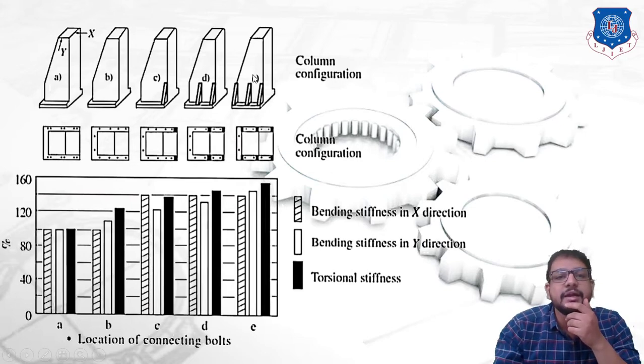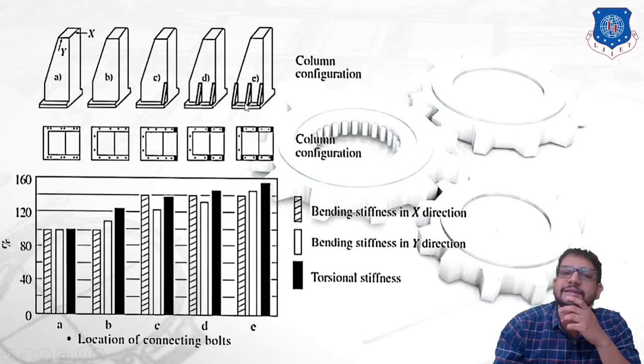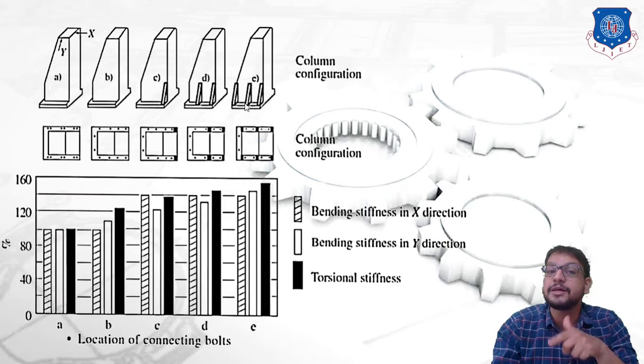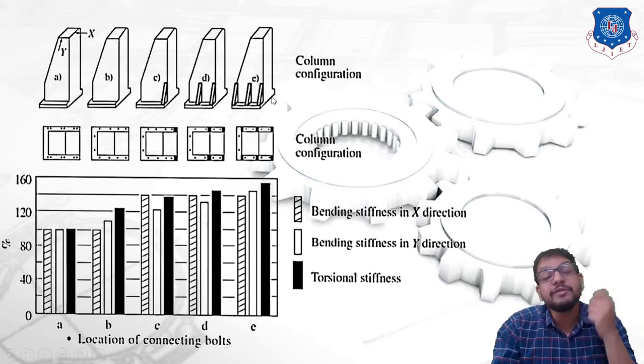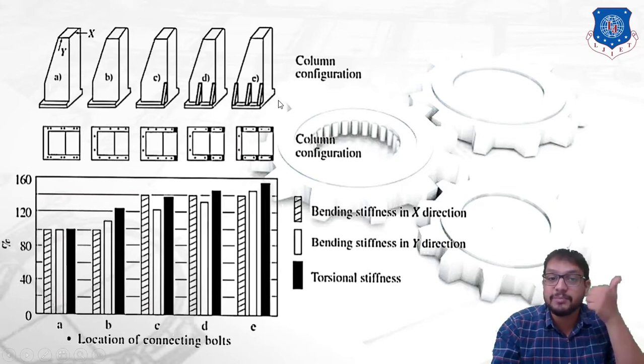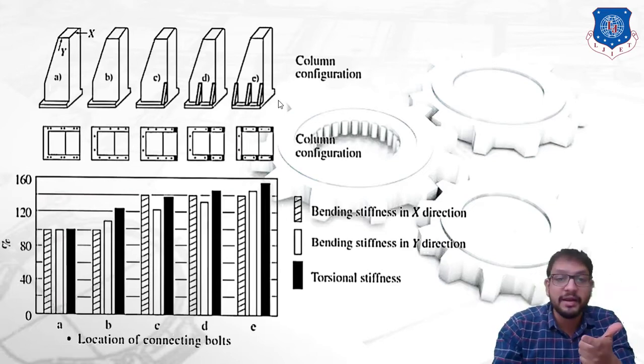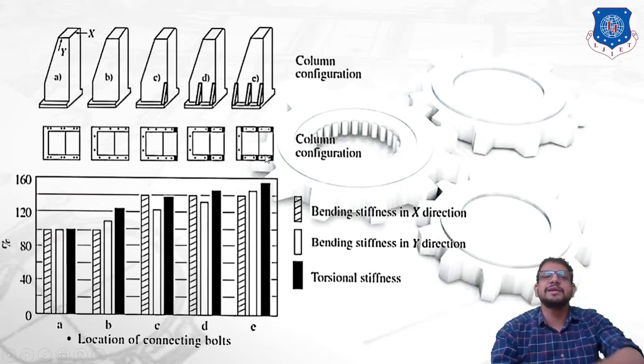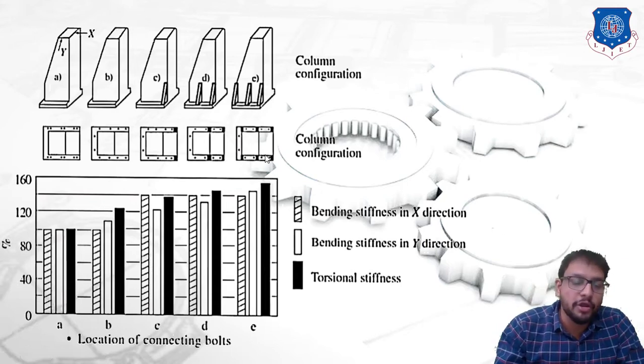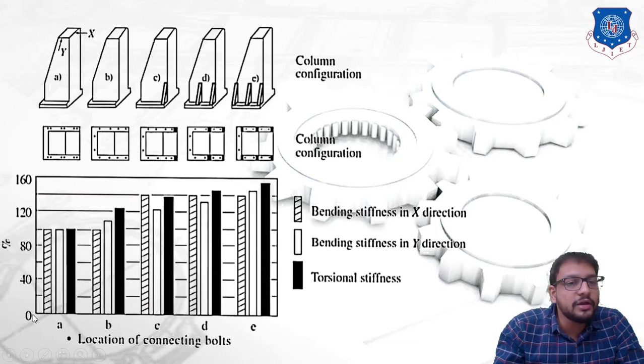Similarly, in case E, you can see that three flange ribs, that is flange stiffeners, are provided, which again is going to increase the bending stiffness in x and y direction, and the number of bolts in this case can also be reduced. If in a previous case we were using 12 bolts, then in this case we can use 10 bolts. Comparatively, over here you can see a graph.